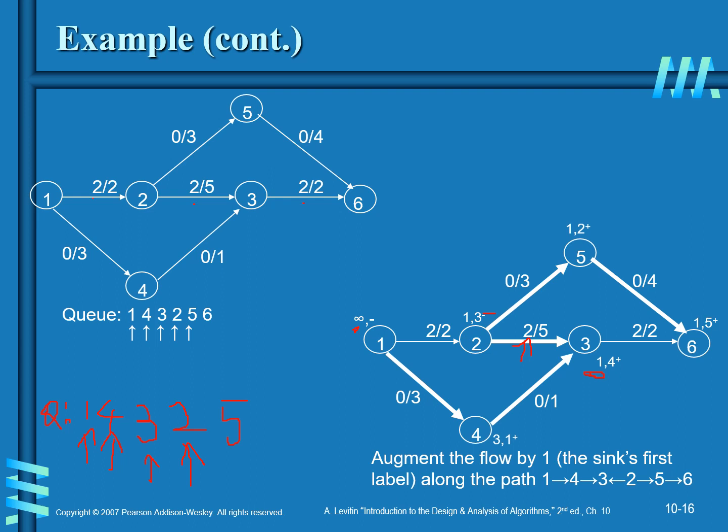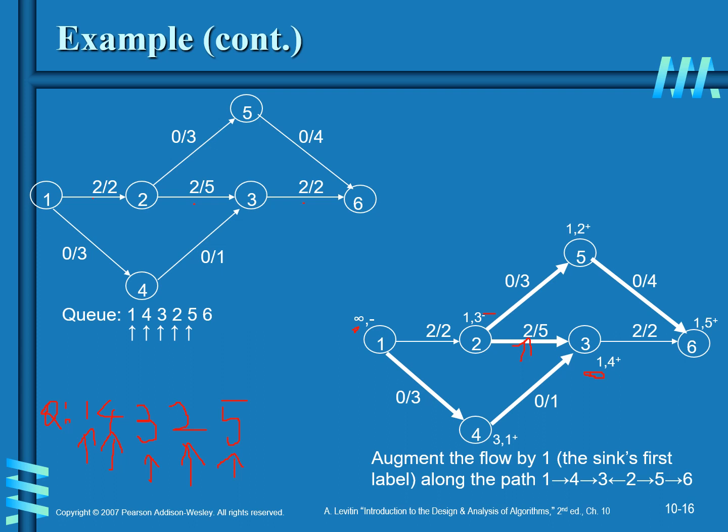So you remove the next vertex from the Q, 5, and you start labeling. From 5 there is only one forward edge, 5 to 6. So 4 minus 0 is 4. What is its current label? 1, which is minimum, 1. So 6 is reached from 5, so that is 1 comma 5, since it is a forward, plus.